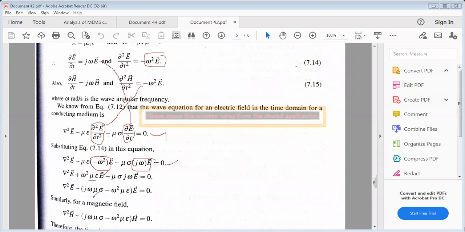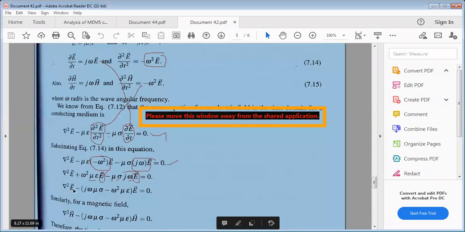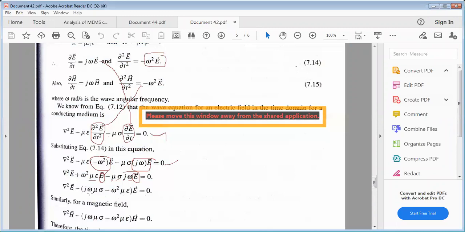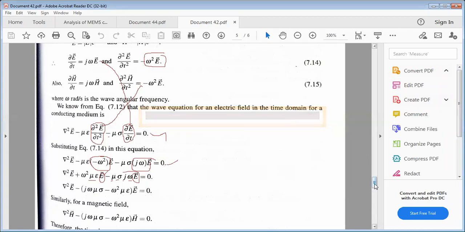So del square E minus j omega mu sigma minus omega square mu epsilon, taking E common, equal to 0. Similarly, for the magnetic field, no need to derive all this, directly: del square H minus j omega mu sigma minus omega square mu epsilon into H equal to 0. The same derivation.